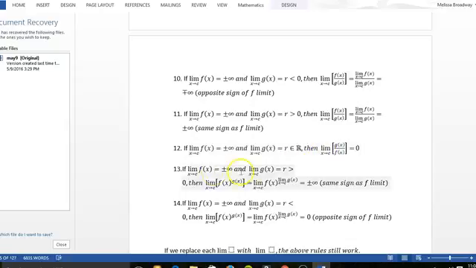12 is important. And then 13, if the limit as x goes to c of f of x equals one of the infinities, and if the g limit is a positive real, then this limit will make sense, and the limit of the exponentiation will be the exponent of the limits, which will be the same sign as f. You know what?